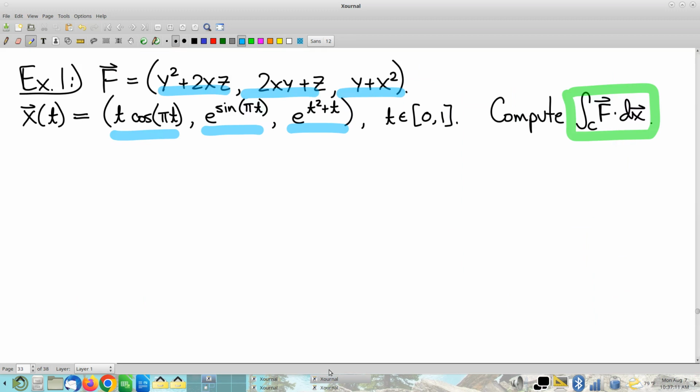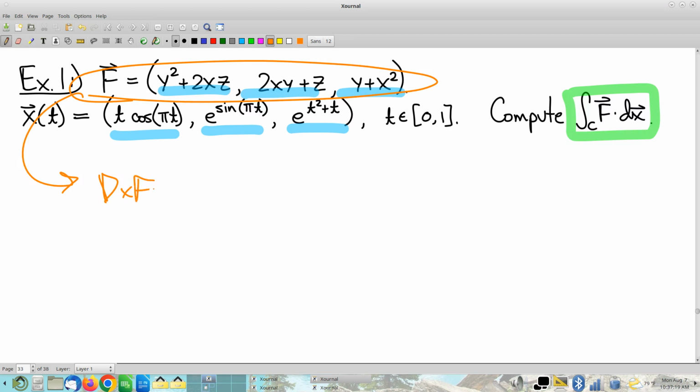So I'm going to take my vector field and compute the curl. There is a tedious aspect to computing curl, right? Make sure that you're good with that formula. You've got to think about how you're going to memorize that. I suggest remembering it as being a symbolic determinant. I find that easiest. But anyway, make sure you're good with that.